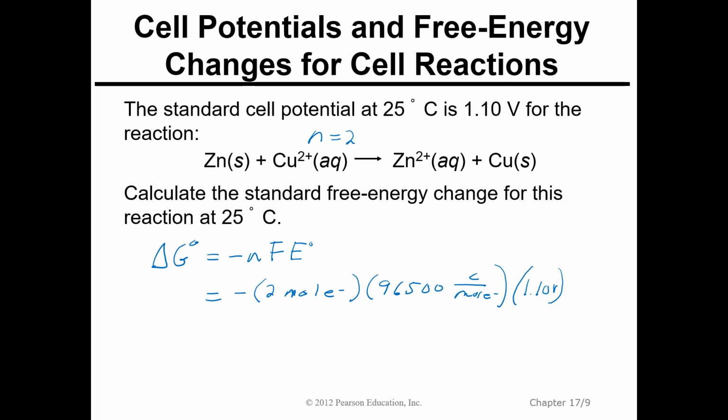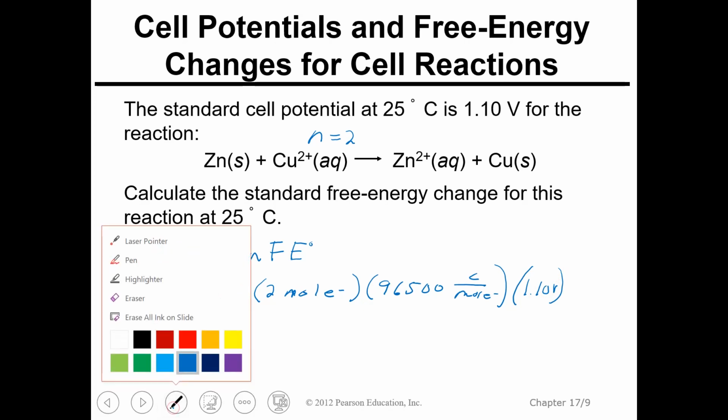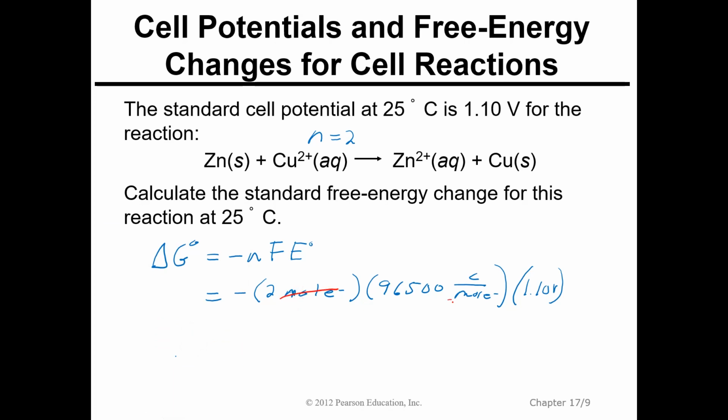Now we already have a little problem here, because moles of electrons cancels with moles of electrons, but we're left with coulombs times volts, which doesn't do anything for us.